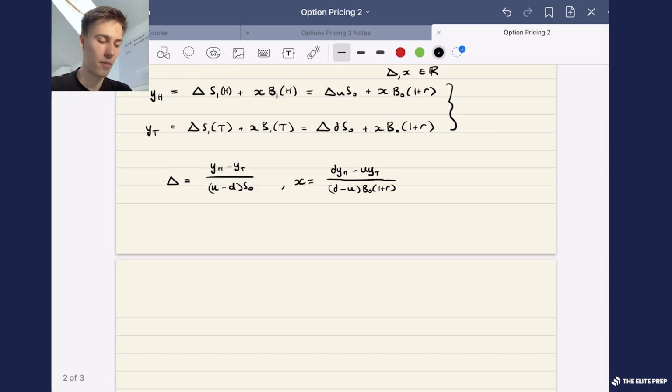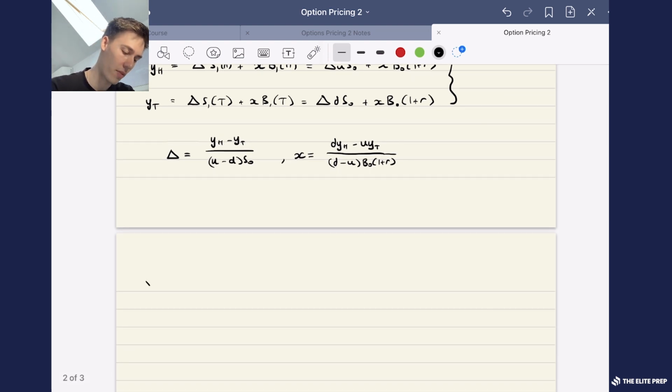So we have then the value of YH in terms of the stock and the initial investment in the money market account at time 1. So we have Y1 is equal to delta S1 plus x B1. So that implies that Y0 is equal to delta S0 plus x B0.